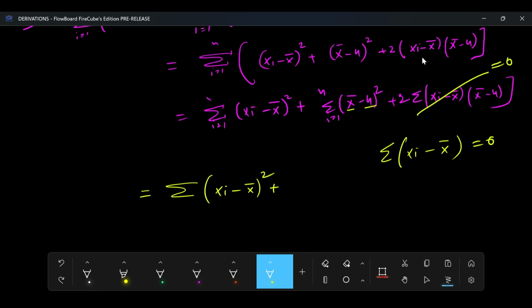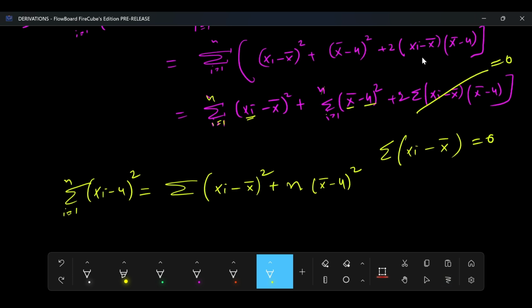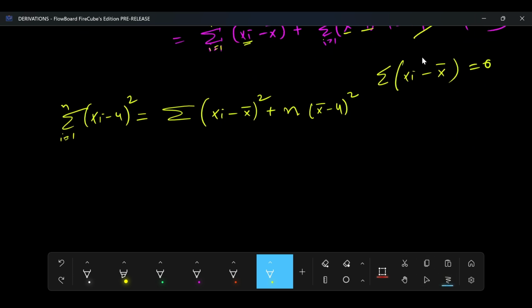Here the summation runs from 1 to n on xi only. Clear? There is no involvement of i here, so this is constant. The summation will be converted into n times (x bar minus mu) whole square. This is summation (xi minus mu) whole square, i is equal to 1 to n.